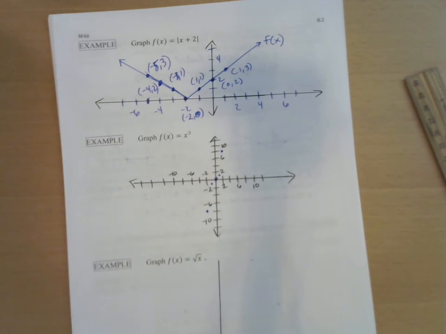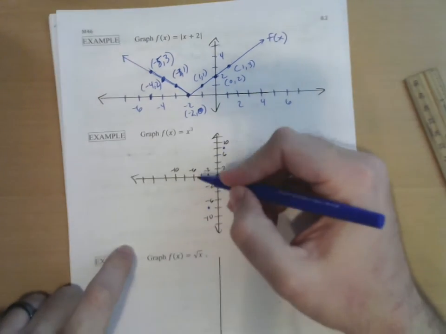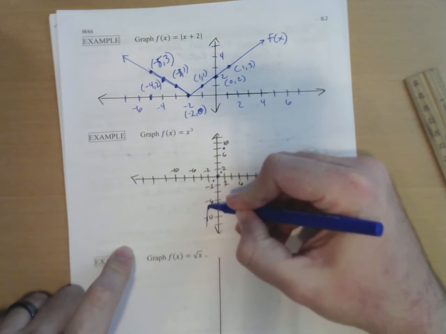Now we could continue on doing 3 cubed is 27 and negative 3 cubed is negative 27. Obviously that's very, very large. These 5 points are typically what we graph when we graph a cubic.